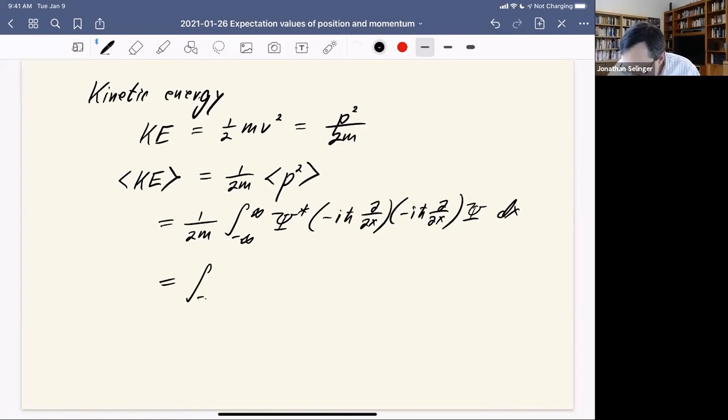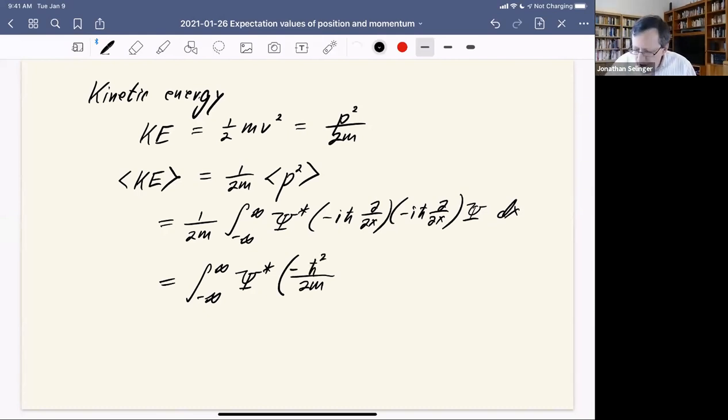So we have the integral of psi star, then constant factors: a 2m in the denominator, two factors of minus 1 that make a 1, two factors of i that make a negative, and two factors of h bar.